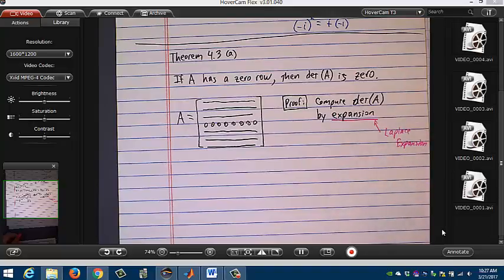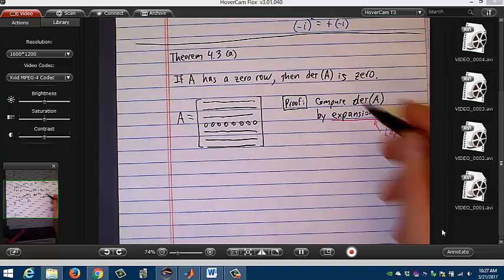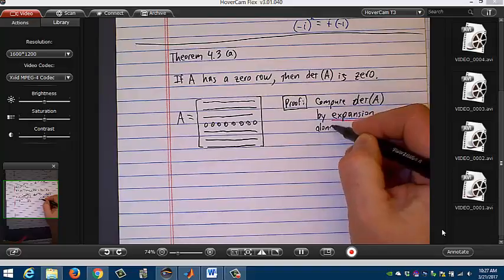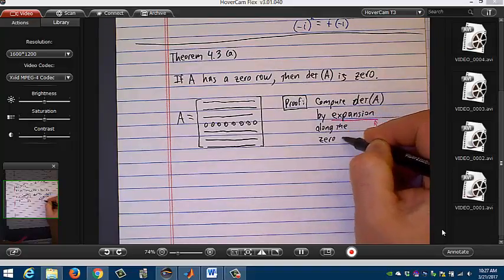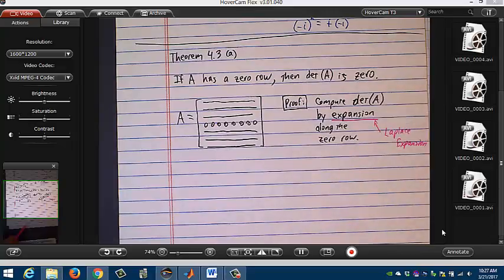Laplace expansion along the 0 row. Right? Because if you think about it, I taught you guys how to compute determinants, but it's recursive, right? You have to go along any row or along any column, right?